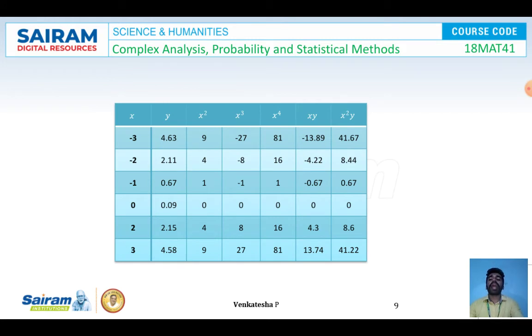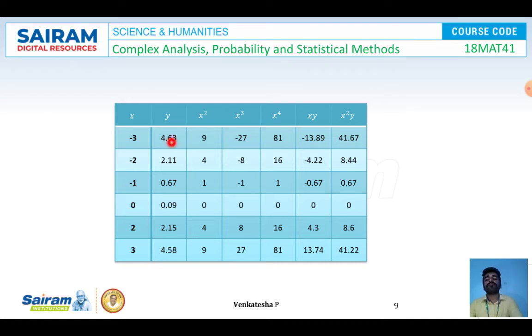Now I am going to calculate the value of summation x, summation y, summation x square, summation x cube, summation x power 4, summation xy, summation x square y using tabular column. So the column must have all these values. So x is given like minus 3, minus 2, minus 1, 0, 2, 3.